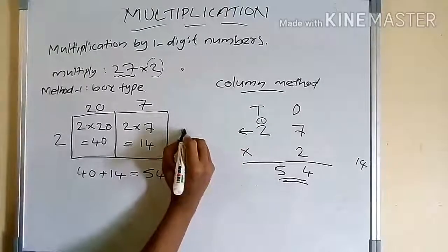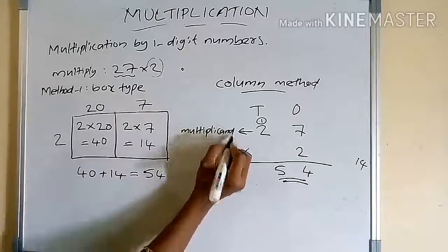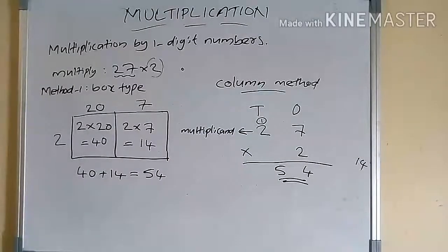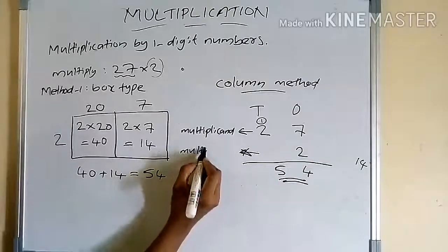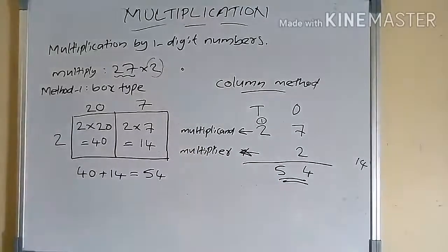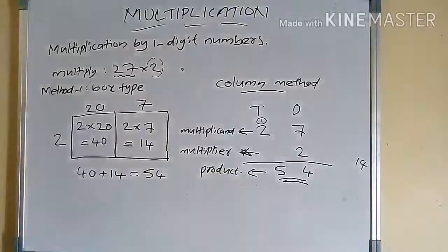The number that is multiplied is the multiplicand. So, this 27 is known as the multiplicand.